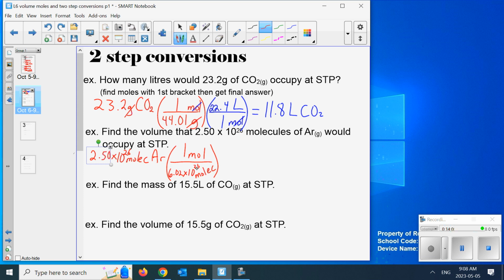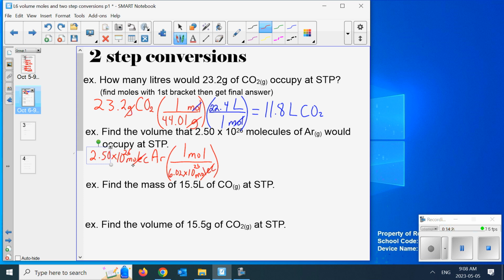You're going to use your EXP value. The molecules are gone. If I stop calculating right now, I would have moles of argon, and we've done that kind of thing.